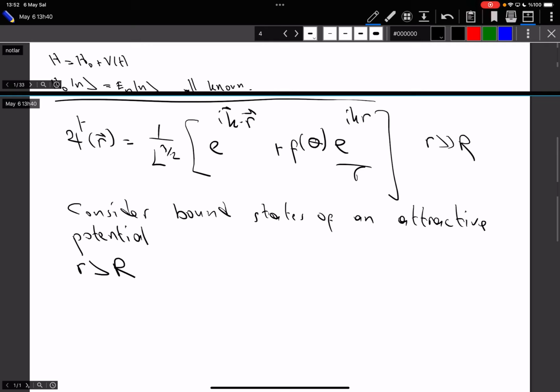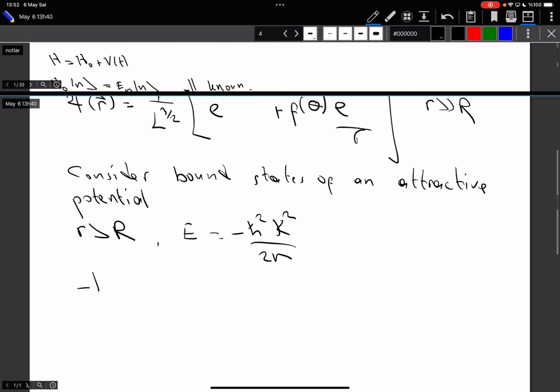The energy will be negative, so I can write E as minus h bar squared kappa squared over 2m. The Schrödinger equation will take this form.